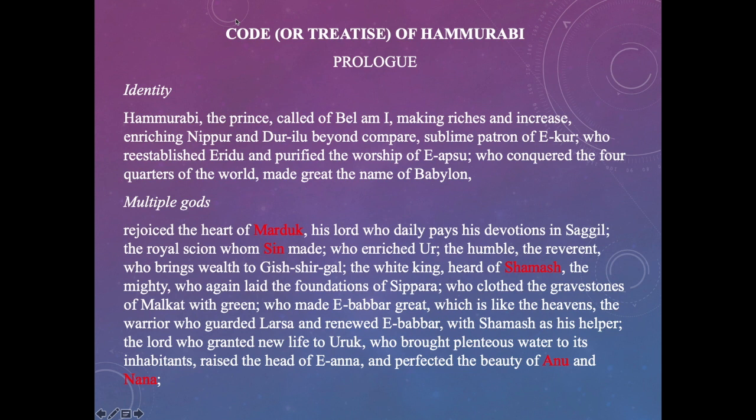If we look at some of the features of the code or the treatise of Hammurabi, it can shed some light on our understanding of biblical law. So first of all, Hammurabi identifies himself. Then there is a mention of multiple gods. So he is worshiping the god Marduk, the gods Sin, Shamash, Anu, and Nana.